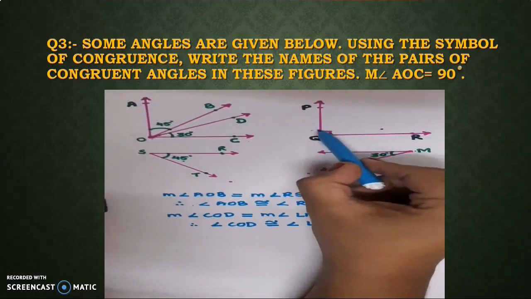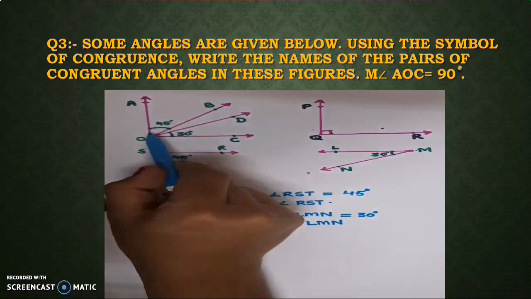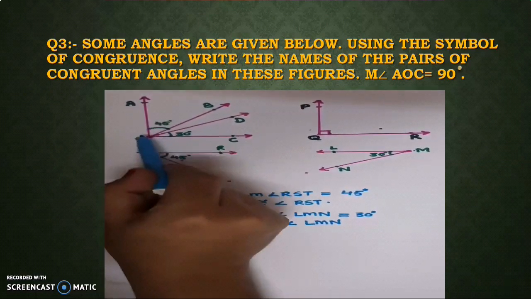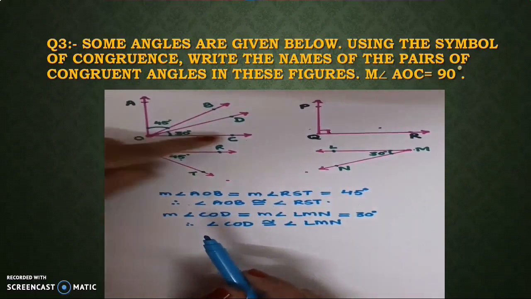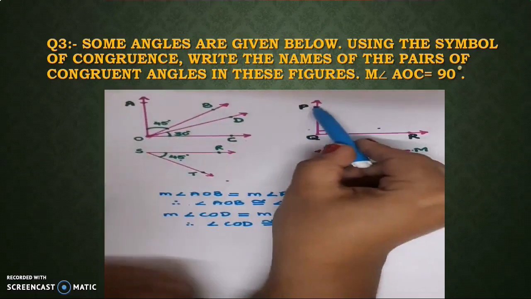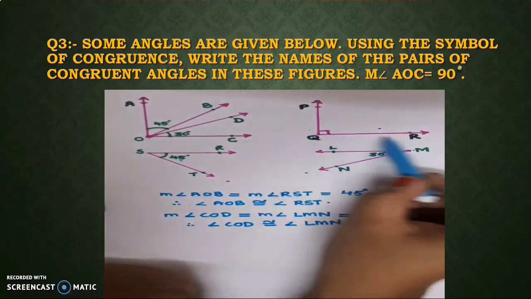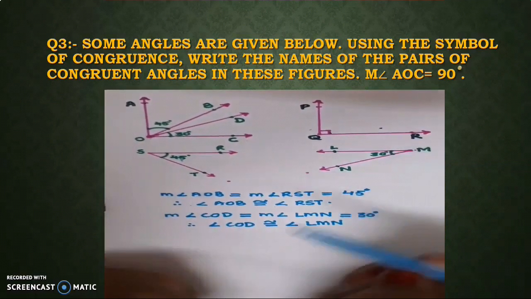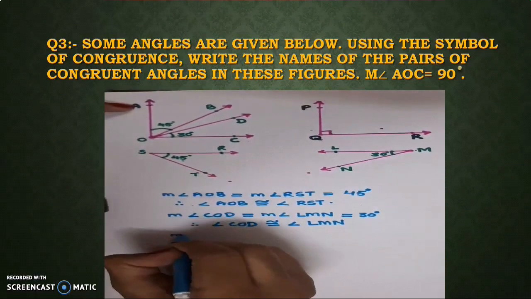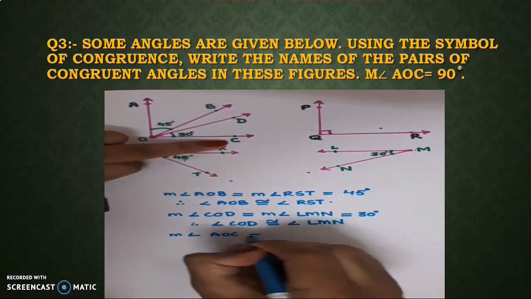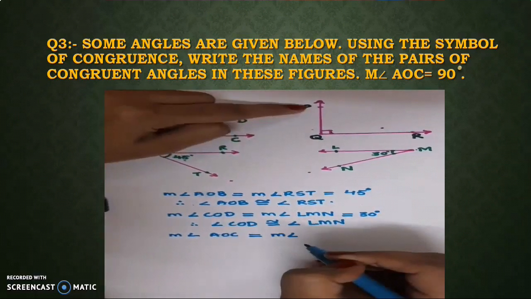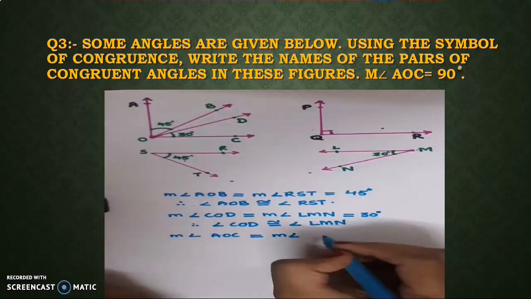Now this is the symbol of 90 degrees, and in the question it is given that angle AOC is equal to 90 degrees. Means our angle AOC is 90 as well as our angle PQR is also 90. So what we will write? Measure angle AOC is equal to measure angle PQR.